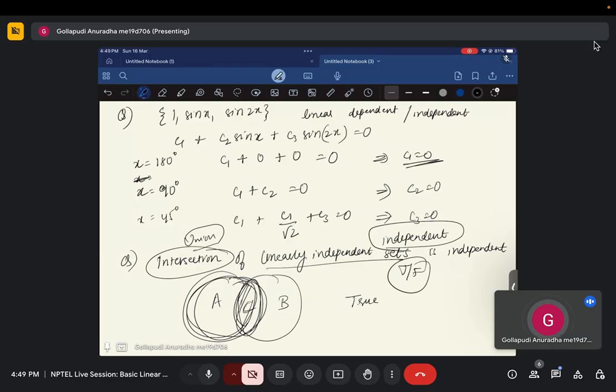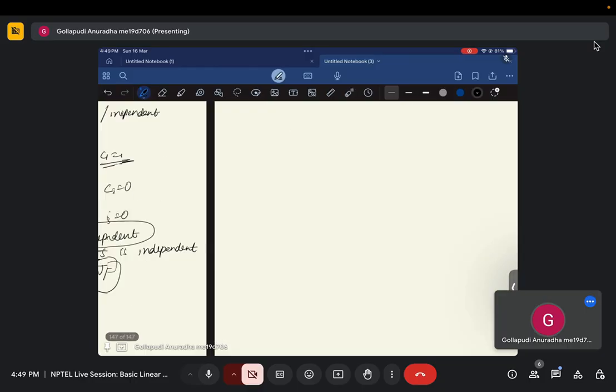You might have some common terms in these two sets. So if you have any common things in A and B, then you'll be getting... okay, not like that. One second. Let's discuss this in detail later.